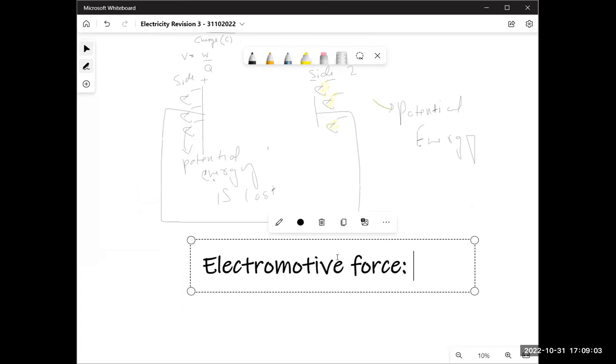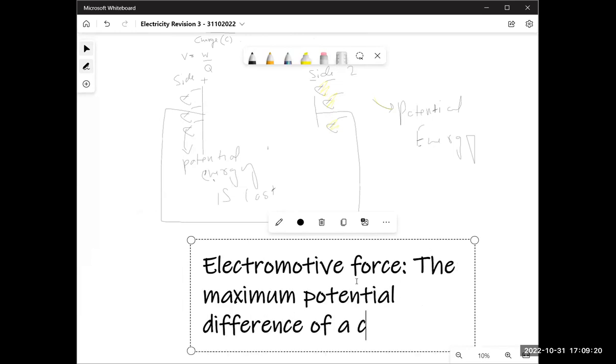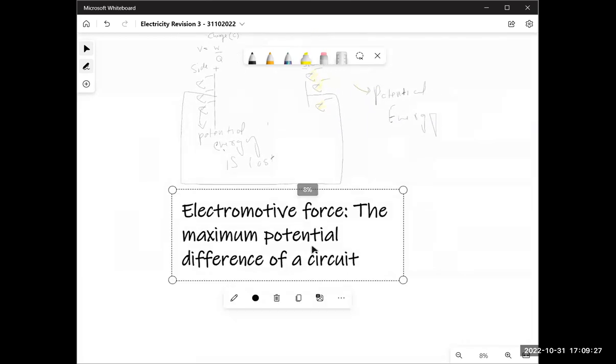Electromotive force is basically the maximum potential difference of a circuit. That's one thing. Fine, electromotive force. And another thing you should realize is this is chemical energy to electrical energy.